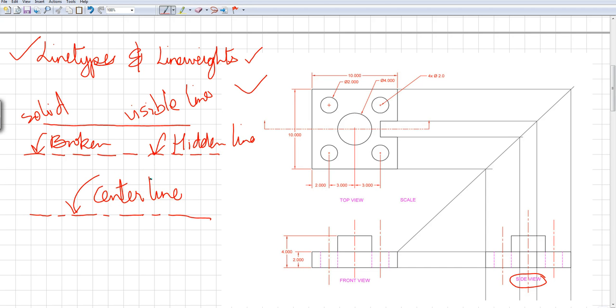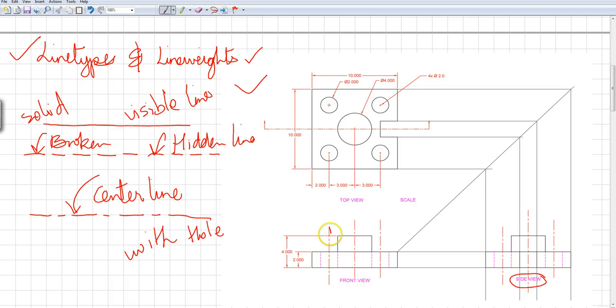And the center line is always associated with a hole. If you have a hole, you should always put a center line. Okay, because that's a standard again. If the hole doesn't have a center line, then that means something is wrong.